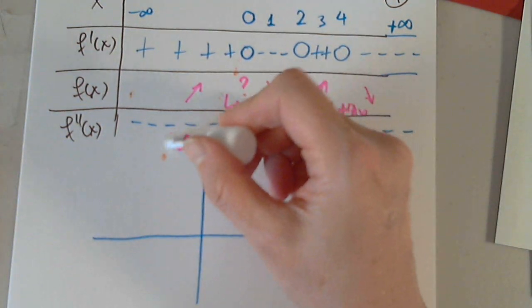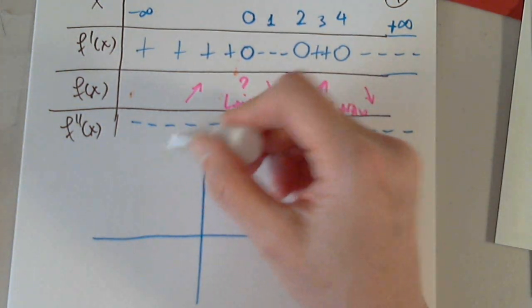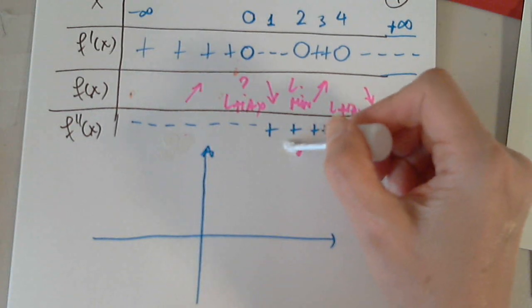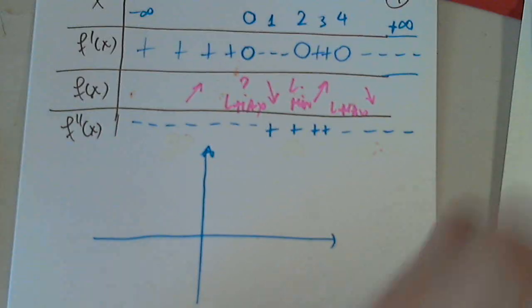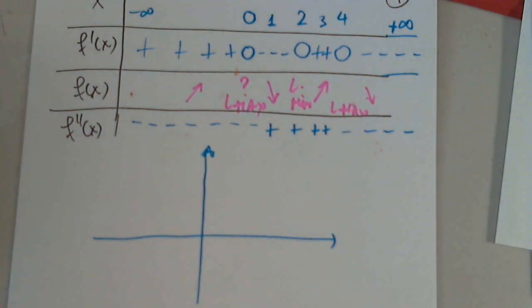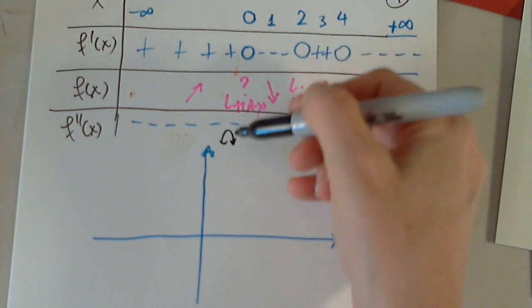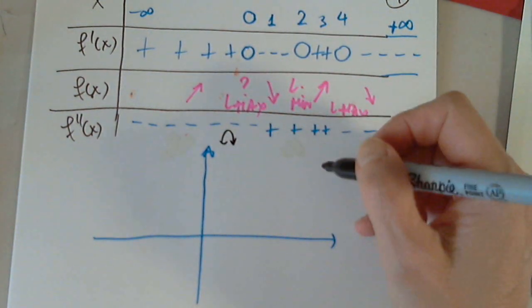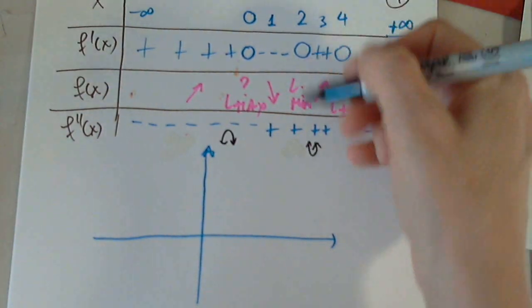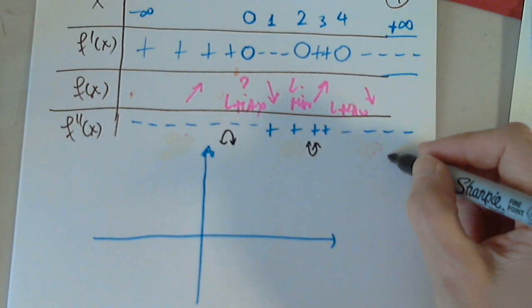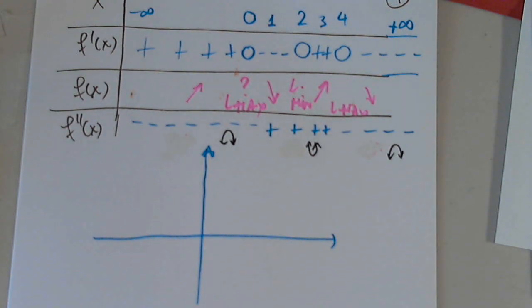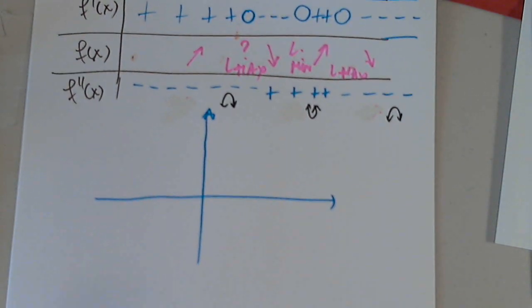So when the second derivative is negative, the function does not hold water. And it makes sense. There's a local max here. So opening up, it must be a local min, and opening down, it must be a local max, of course. Okay, so now we're ready.